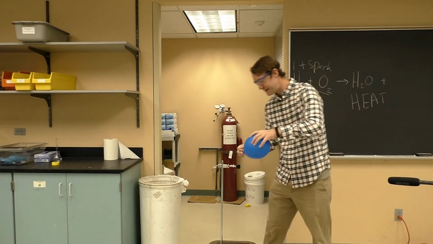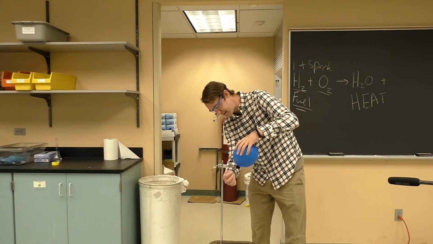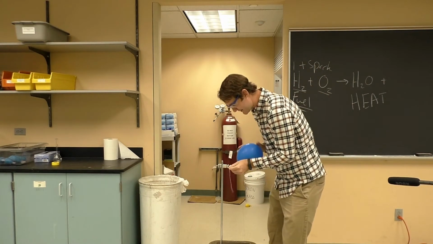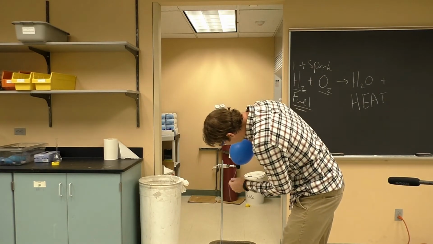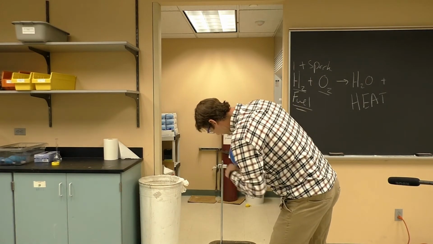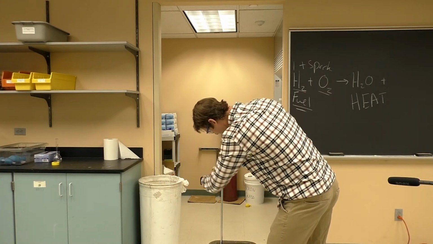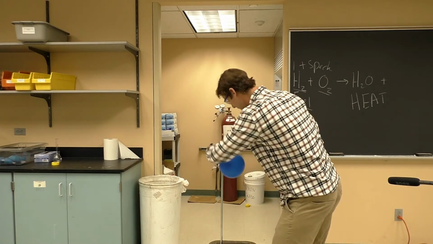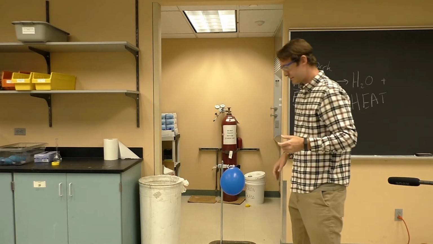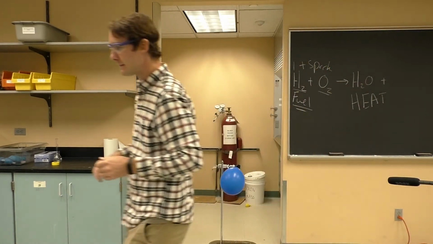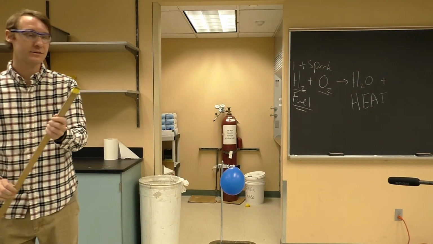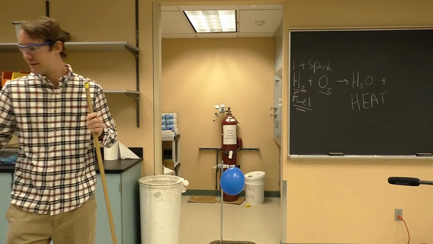And so I've got a couple other balloons here. One of them is here. I'm going to tie it up. Just give me a second. I guess that's fine. Okay. And so this is the same balloon.